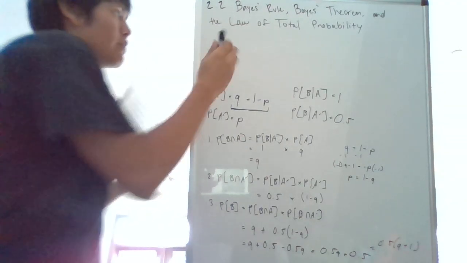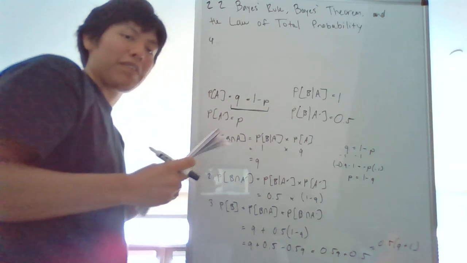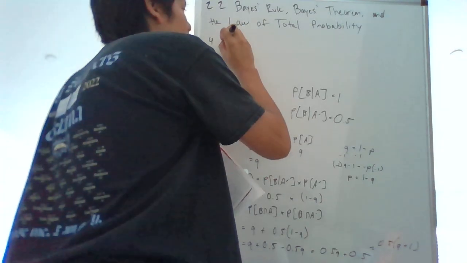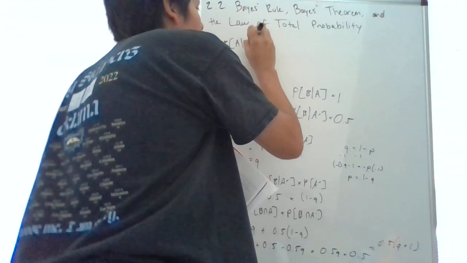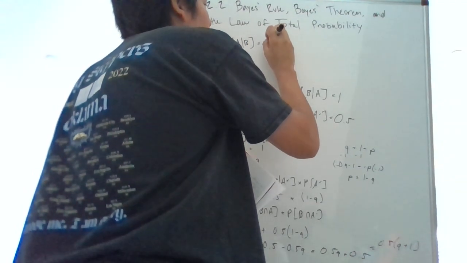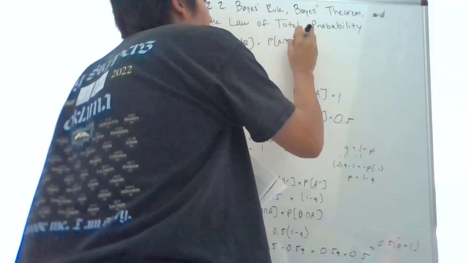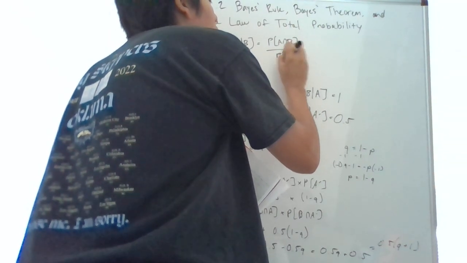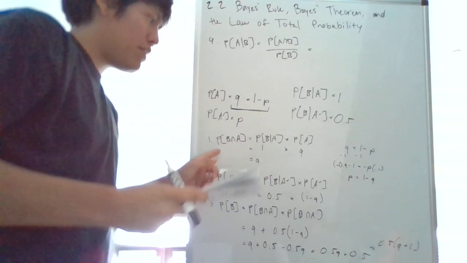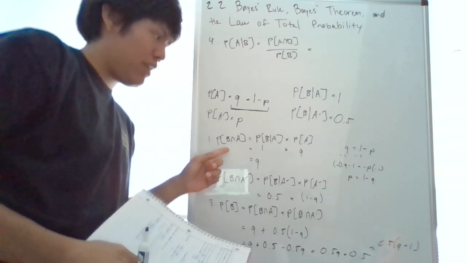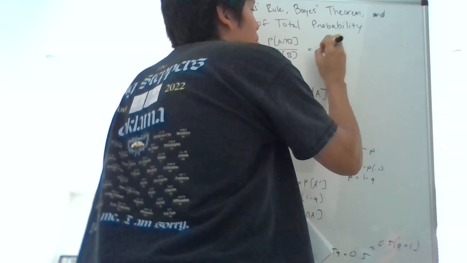Okay, so step 4 is we just put it all together. The probability of A given B is equal to the probability of A intersect B over the total probability of B. Again, A intersect B, or B intersect A, same thing, is Q up top.